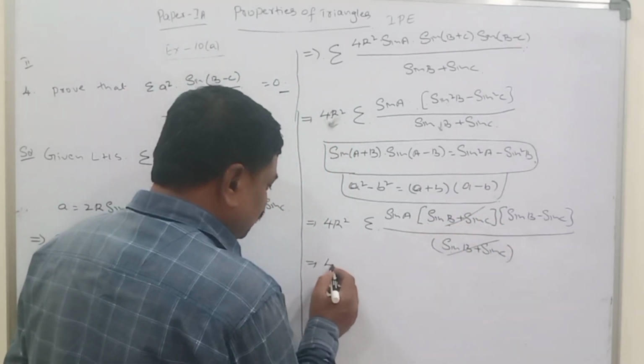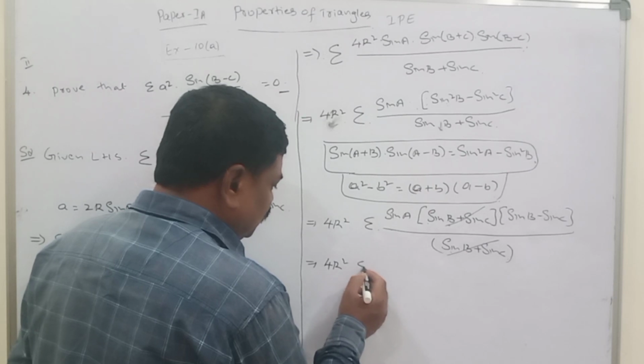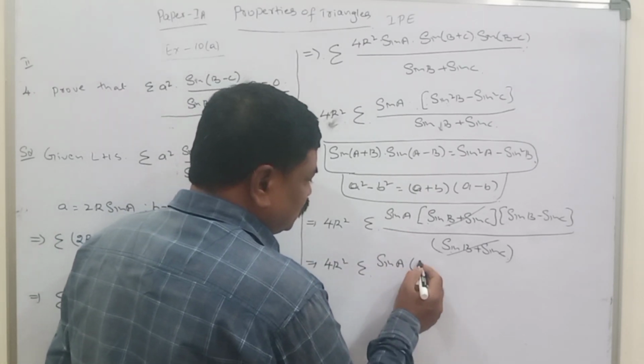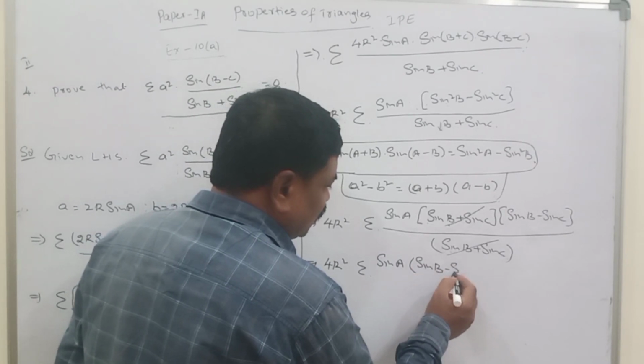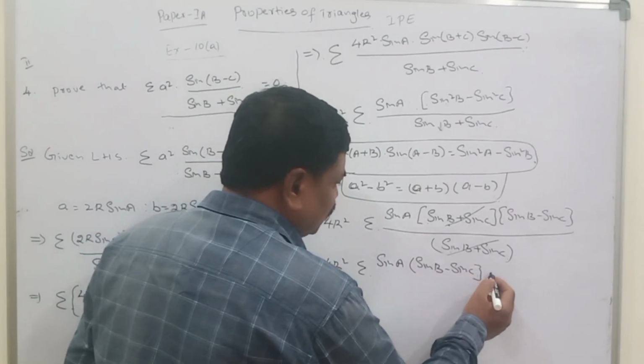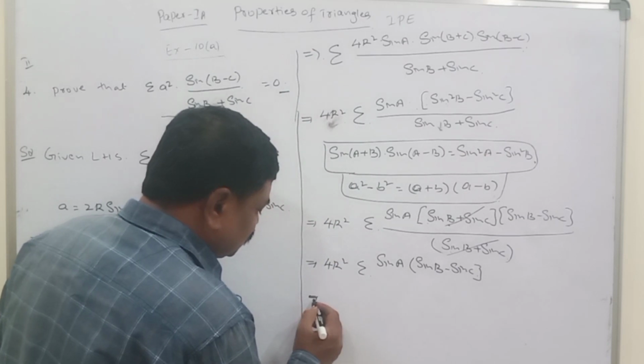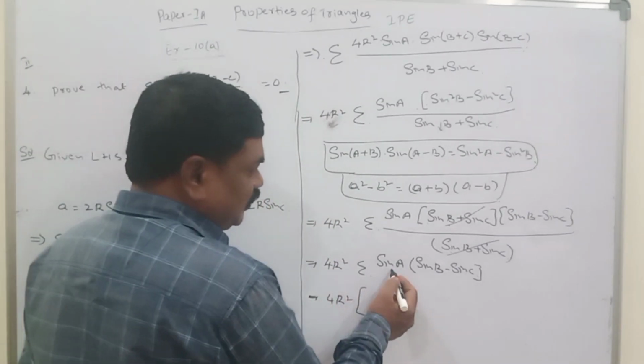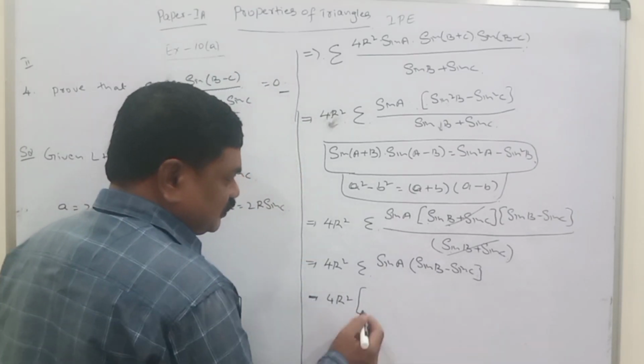What is remaining? 4r square into sigma sin A into sin B minus sin C.